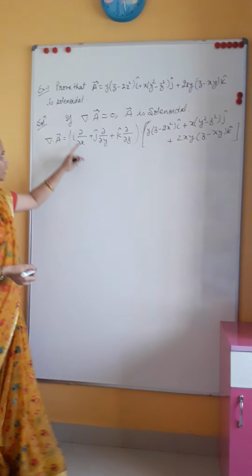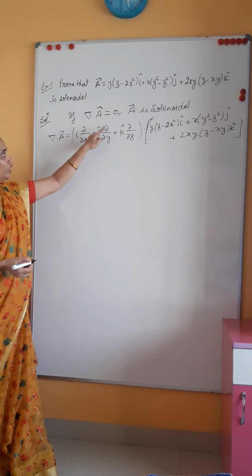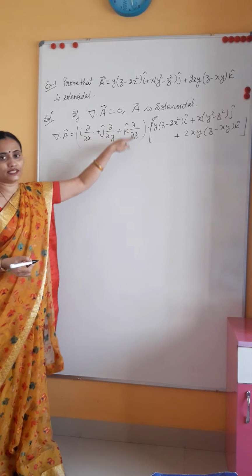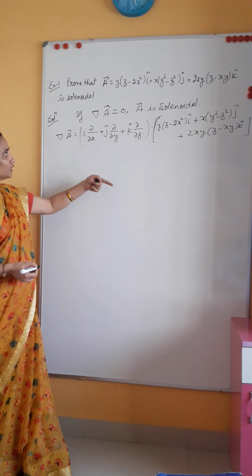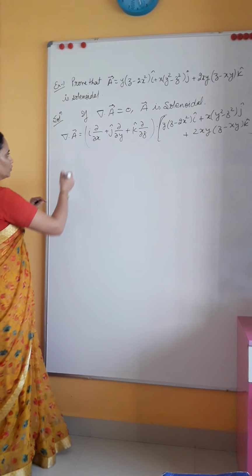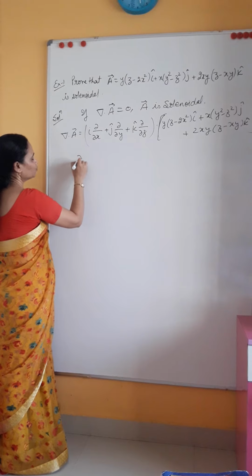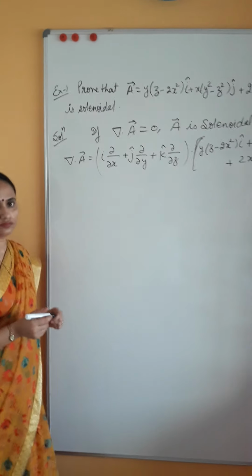Or what you can write? You can directly write the formula: dou A1 by dou x plus dou A2 by dou y plus dou A3 by dou z. What is A1, A2, A3? A1, A2, A3 are the components of the given function. So you can skip this step.